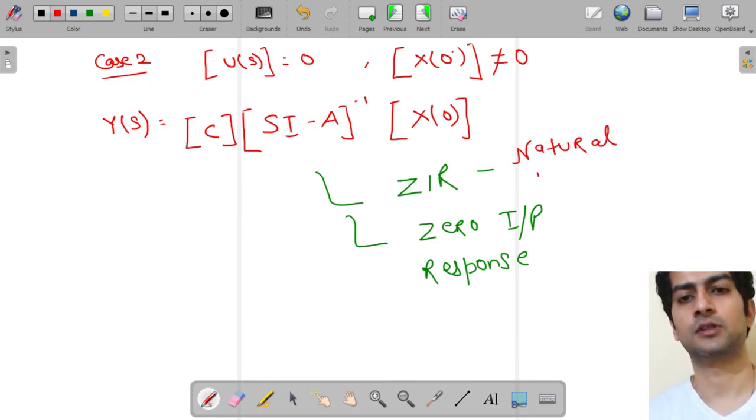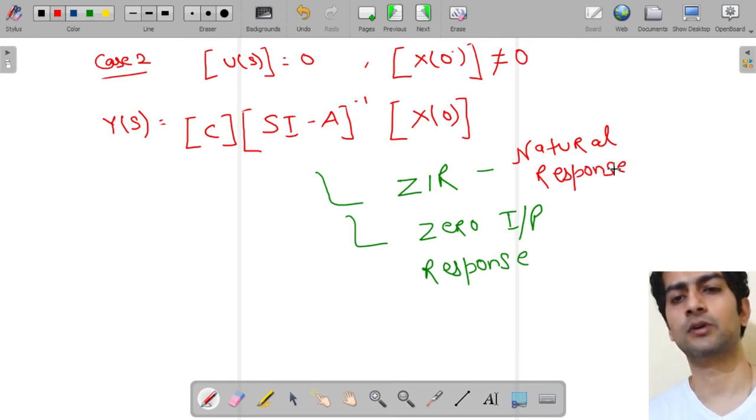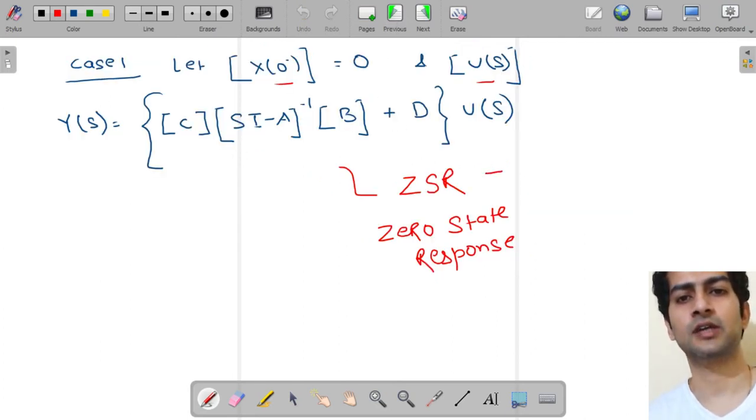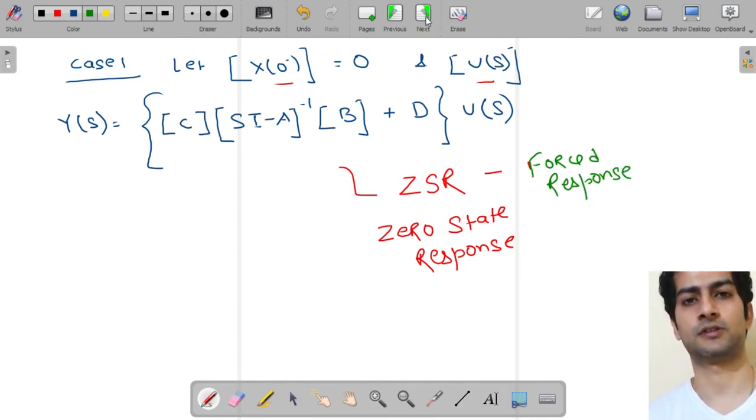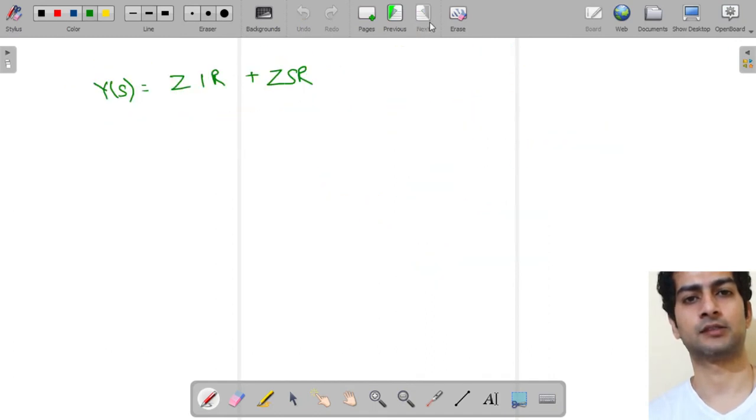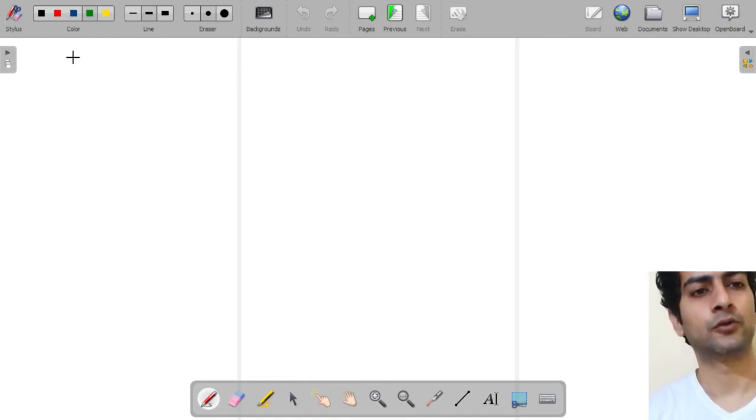These terms are asked in ESE pre-exams, so be familiar with them. The zero input response is also known as the natural response, and the zero state response is also known as the forced response. Okay, I think it is clear. Now coming to another case.